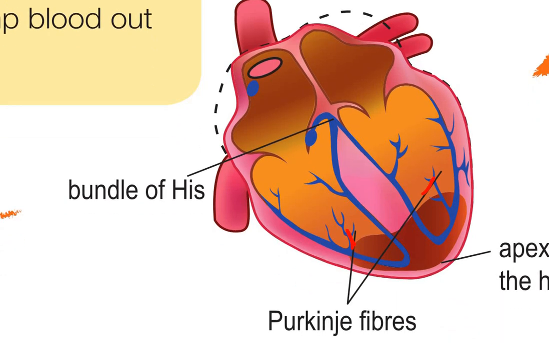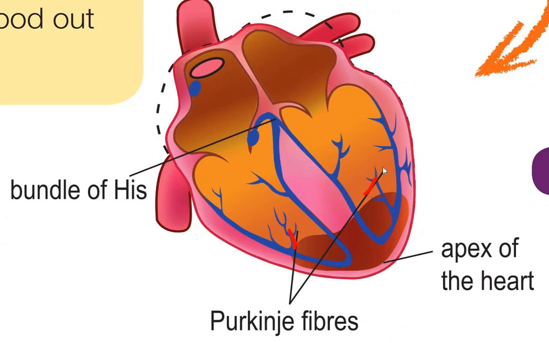So we have the apex of the heart, the Purkinje fibers, the bundle of His. The apex of the heart is this part of the heart. So the impulse from this AV node will reach the bundle of His that is connected to the atrioventricular node and then spread to the Purkinje fibers here.